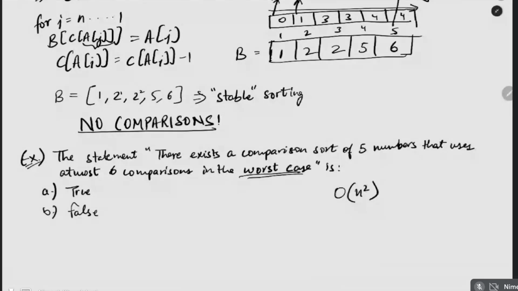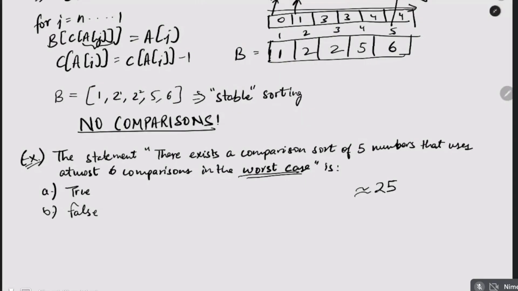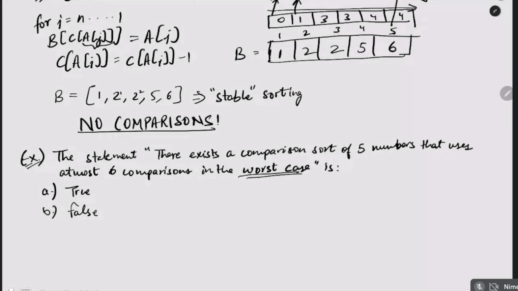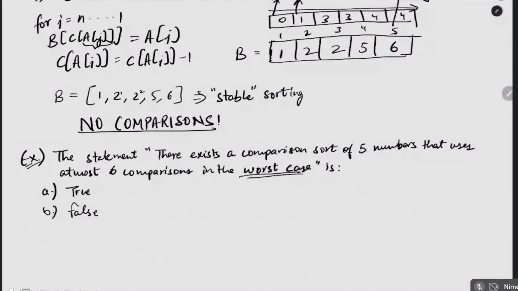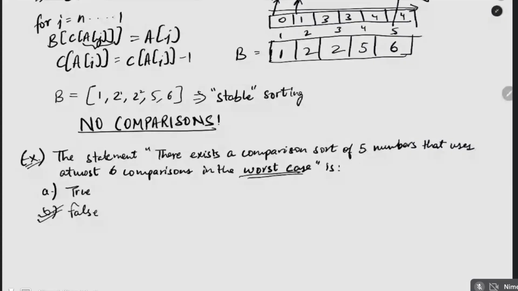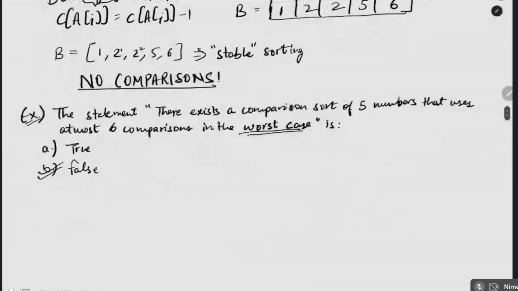So if we have five elements, the time order will be approximately 25, but the number of comparisons will be more than that, right? So this is basically false, right?